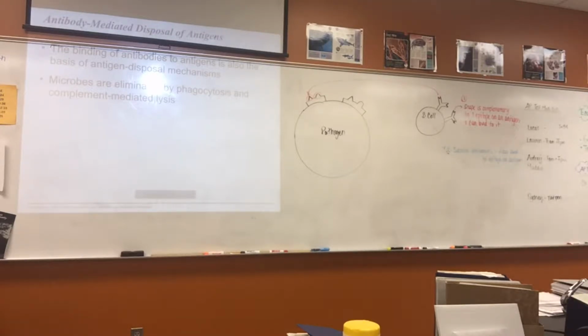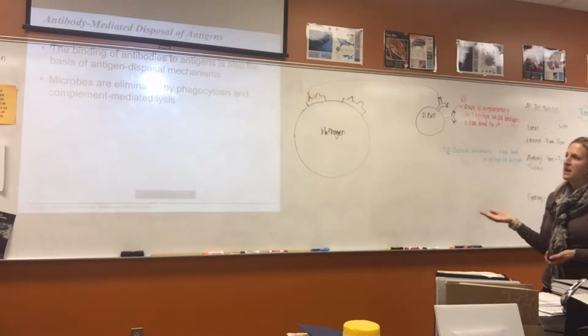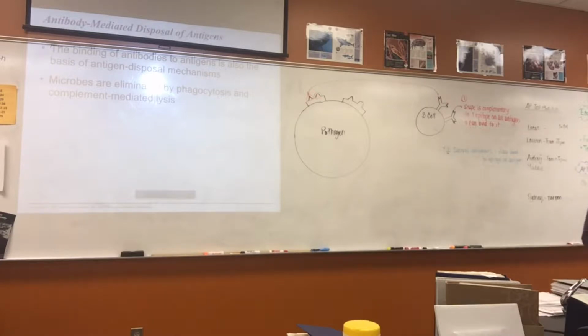So the binding of antibodies to these antigens is also the basis of antigen disposal mechanisms. So it's going to help to get rid of these antigens. Microbes are eliminated by phagocytosis and complement-mediated lysis.